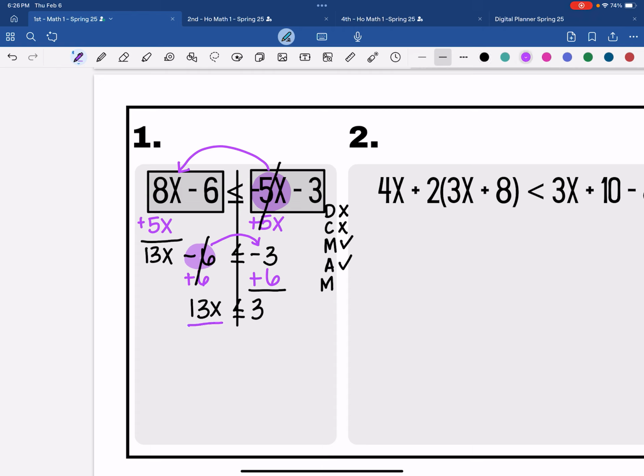Now, this is where I ask myself, do I flip the sign? The number that I'm dividing by is positive, so the inequality sign stays the same. We just say x is less than or equal to 3 over 13, and we're done there.